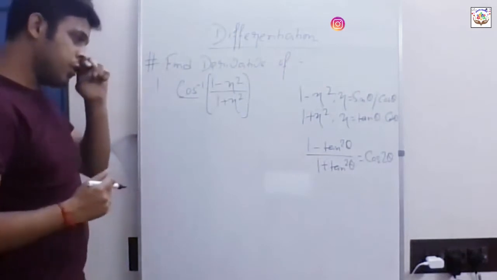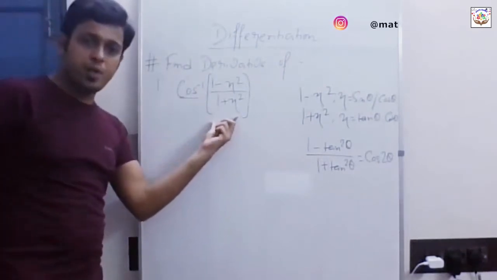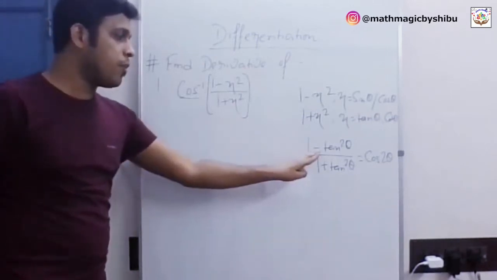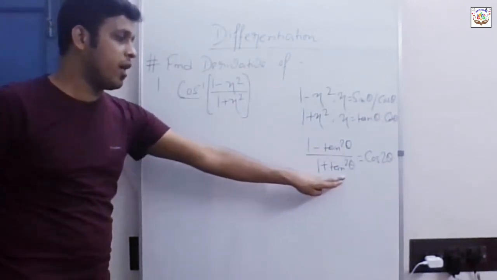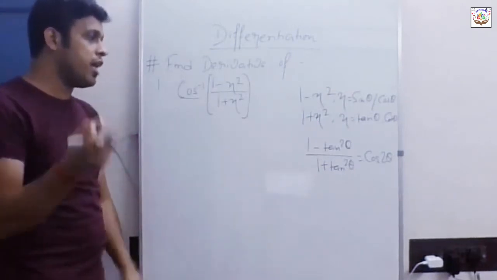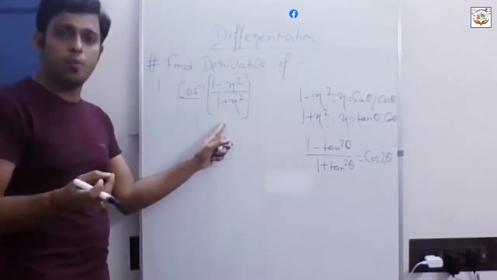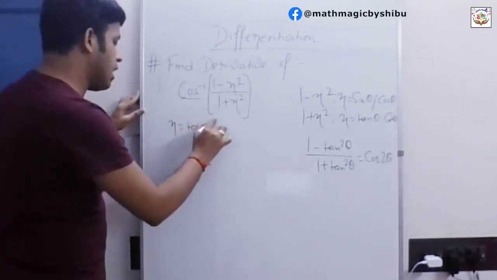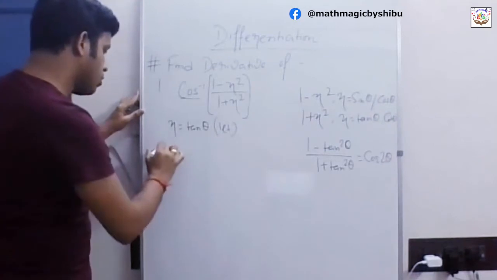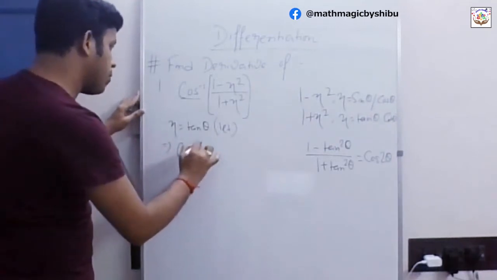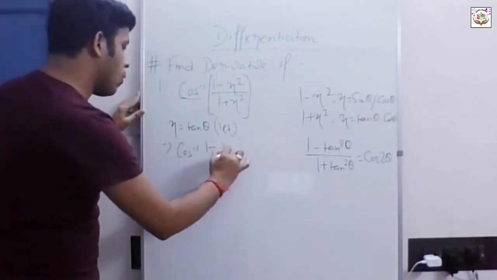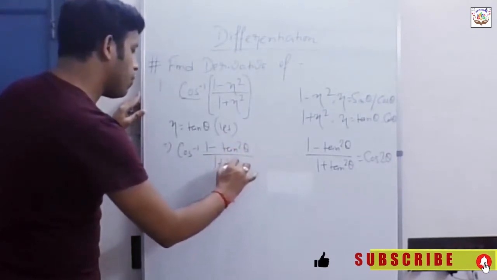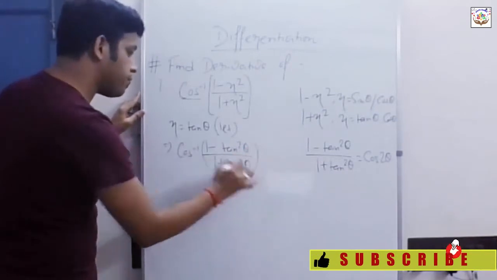If you compare with the expression 1 minus x square divided by 1 plus x square, you can assume that you need to take x as tan theta for this problem. So if we take x as tan theta, the problem becomes cos inverse of (1 minus tan square theta) divided by (1 plus tan square theta), right?